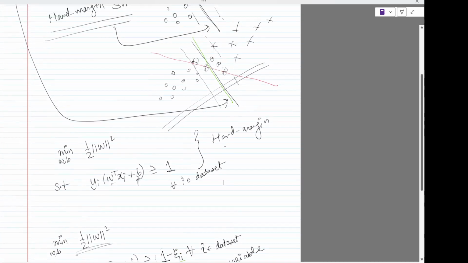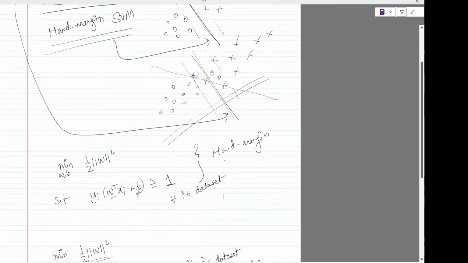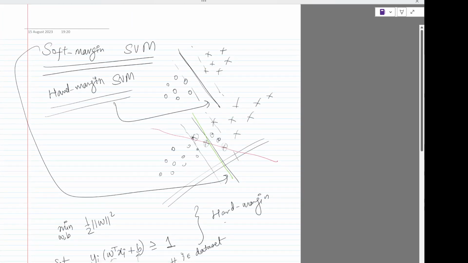When I have added this thing, if you remember, in the hard margin case you had the support vectors, and for the support vectors you had this condition, maybe I'll write in red, yi w transpose xi plus b is equal to 1.